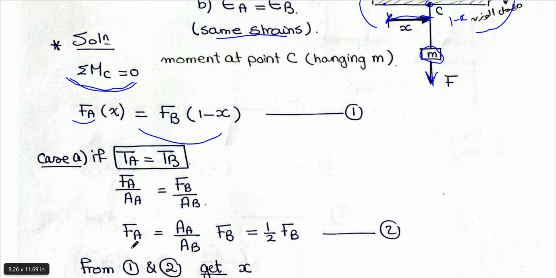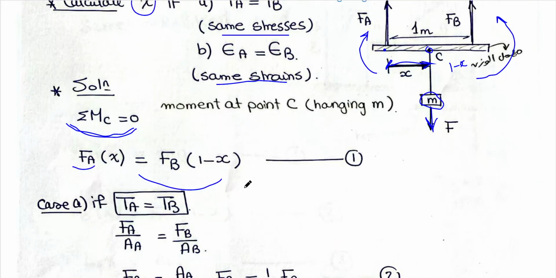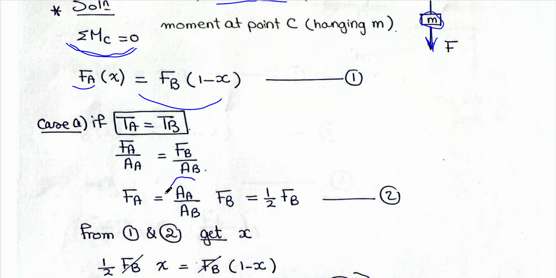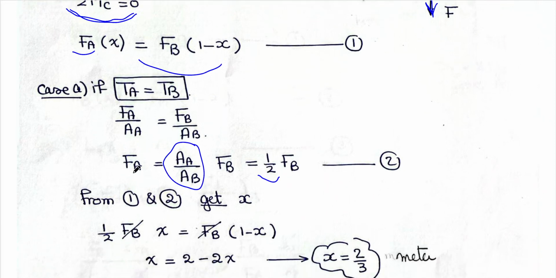So FA equals FB multiplied by A of rod A over A of rod B. But it's given that the area of rod A is half the area of rod B, so this fraction is half. So FA equals half FB. This is equation number 2.